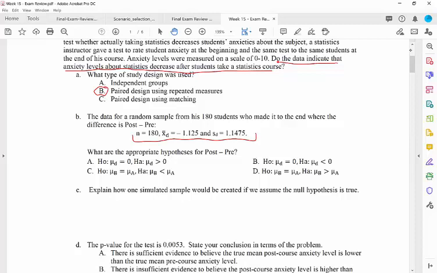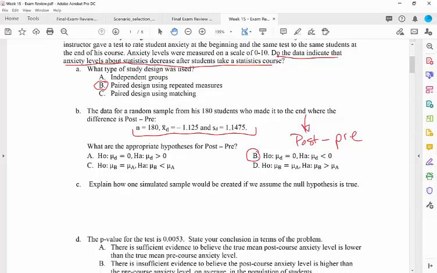B. A. I think one of you said A and one of you said B. Yeah. So it would be B, because remember we're doing post minus pre, and we're hoping to see that the post score has decreased over the pre score. So if we have a smaller number minus a larger number, we'd see negative values. Does that make sense? Okay.